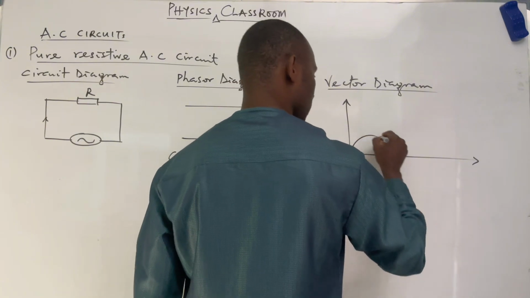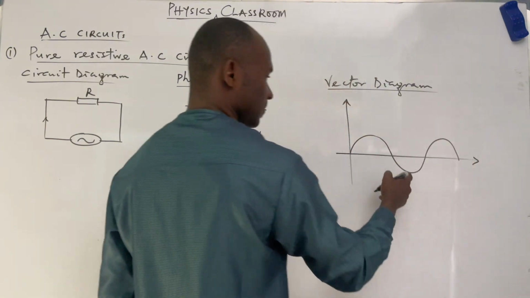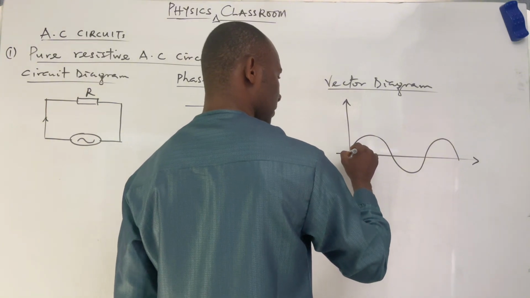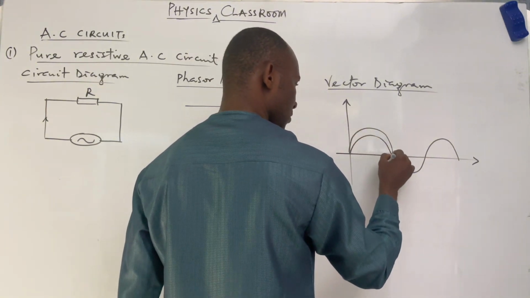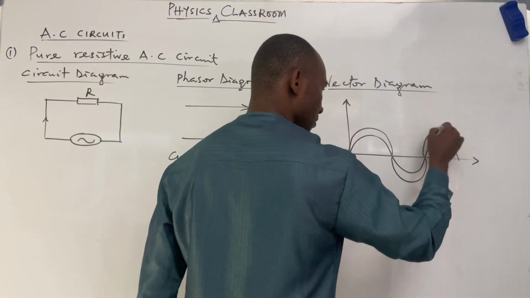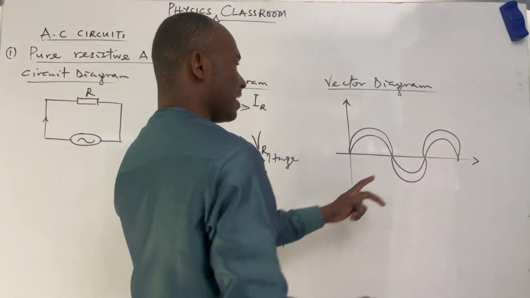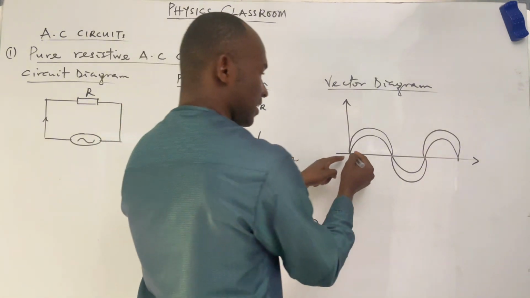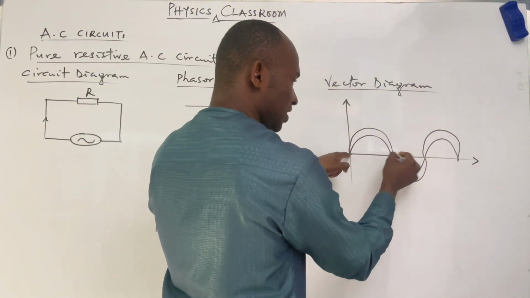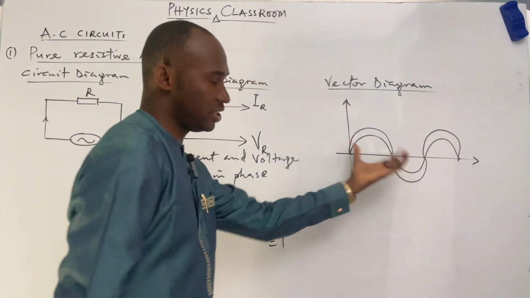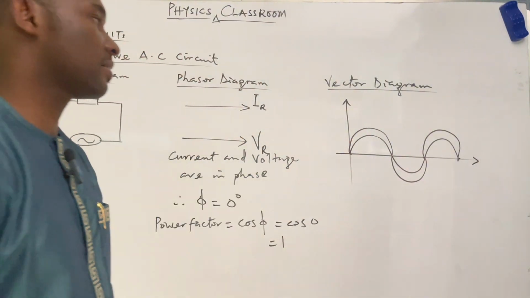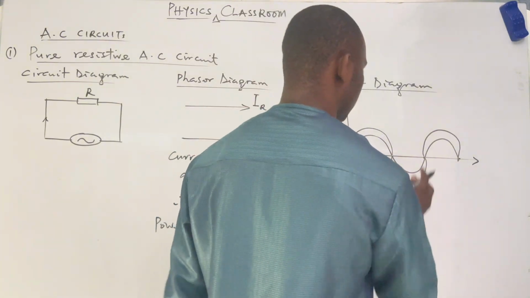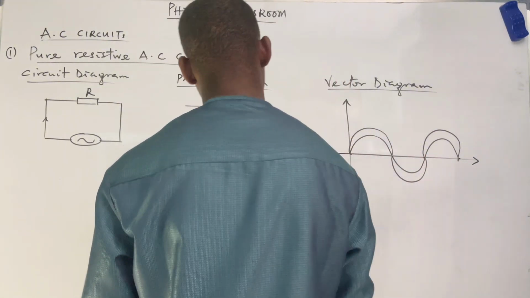So the current is represented by this. Likewise, the voltage. So you can see the current and the voltage are in phase with each other. We have it like this, just like this. So take note of that.